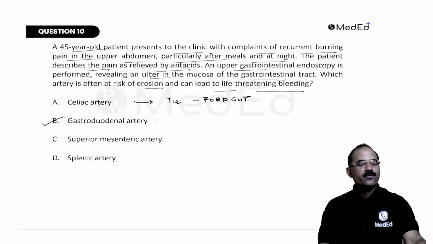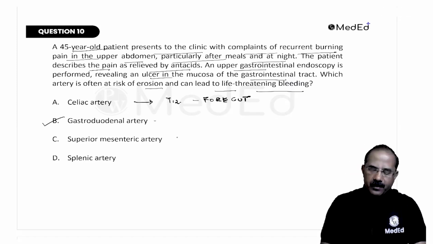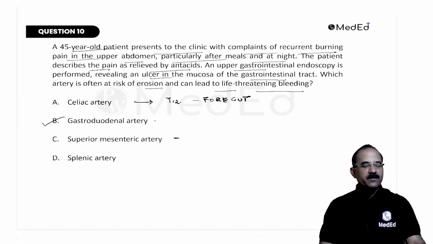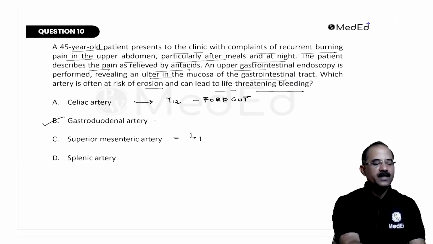Foregut. It supplies the foregut. Celiac trunk supplies the foregut, right? Superior mesenteric artery, what is the vertebral level? Can anyone tell me what is the vertebral level of superior mesenteric artery? Anyone? Vertebral level of superior mesenteric artery. It is L1, L1. Vertebral level of superior mesenteric artery is L1. Remember, it's L1.